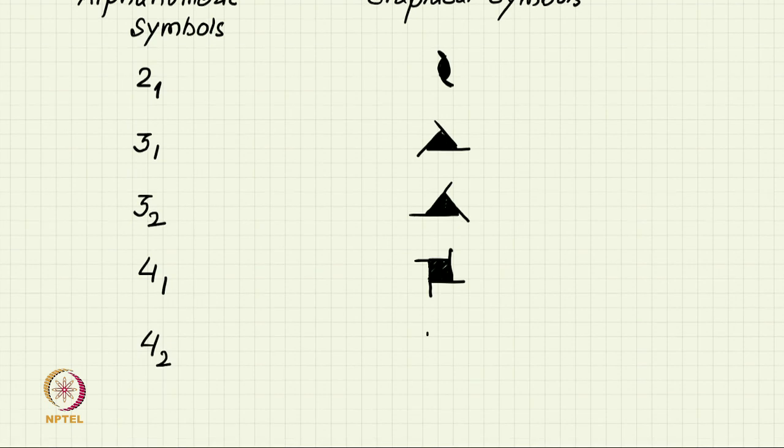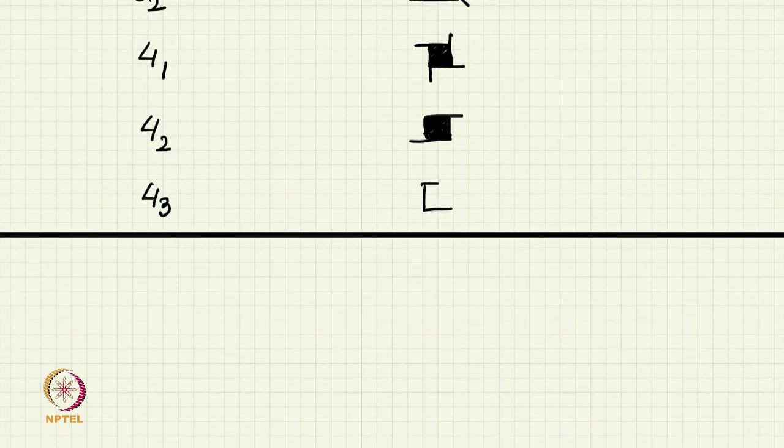4 2, only two opposite sides are extended to represent 4 2. 4 3 again, all sides are extended, but in the opposite sense to 4 1.